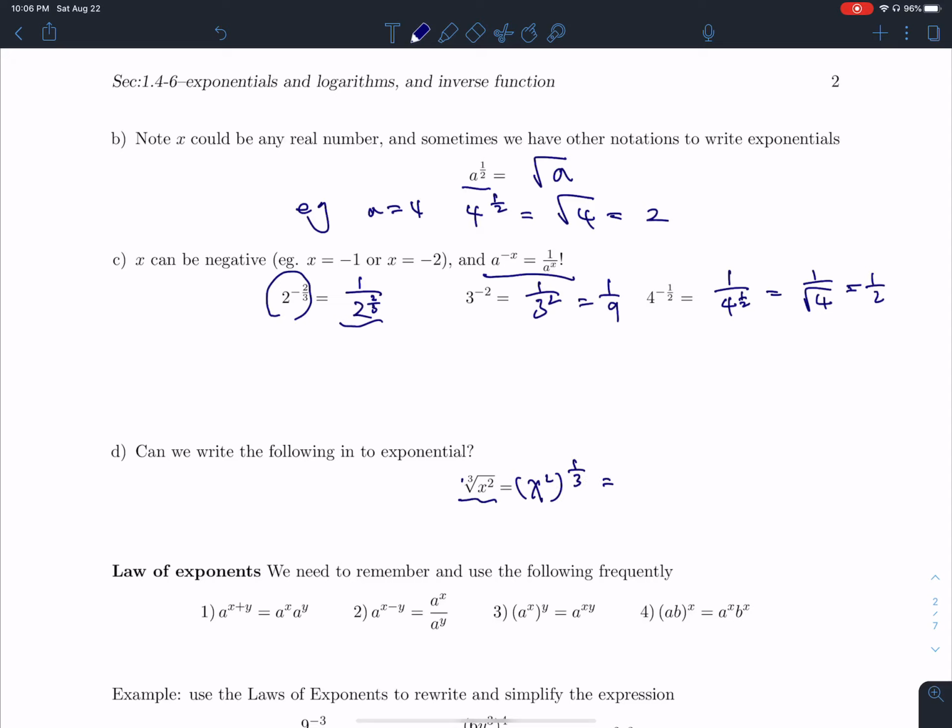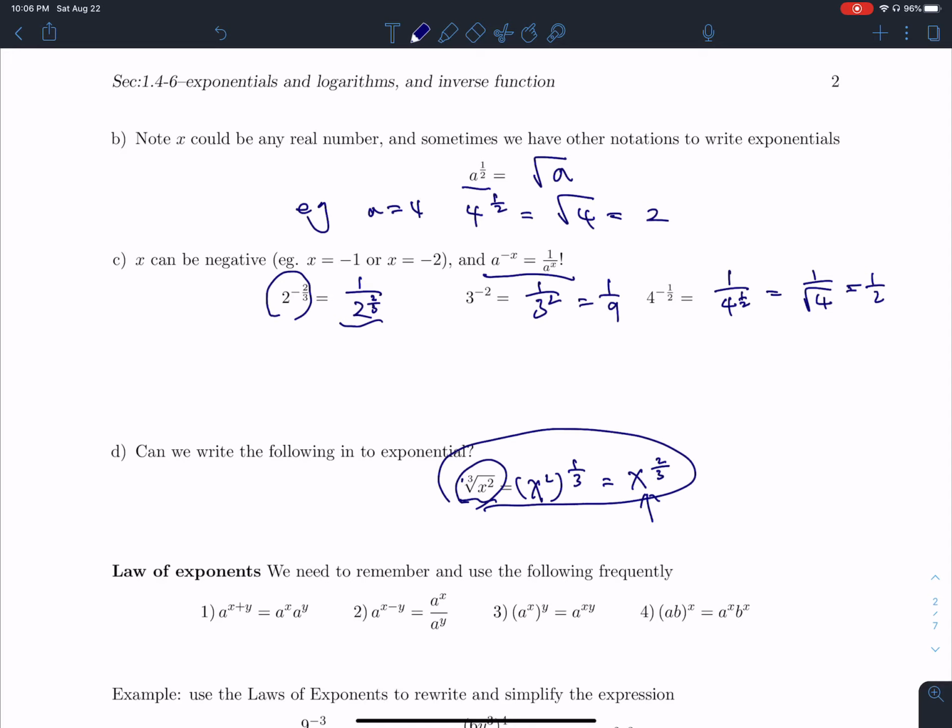And then, well, we have to use the law of exponents a little bit, but I assume you know them before we even talk about that. So it's x to the power 2/3. So this is what we have. This is the exponential form, and this is the regular root, square root or cubic root form.